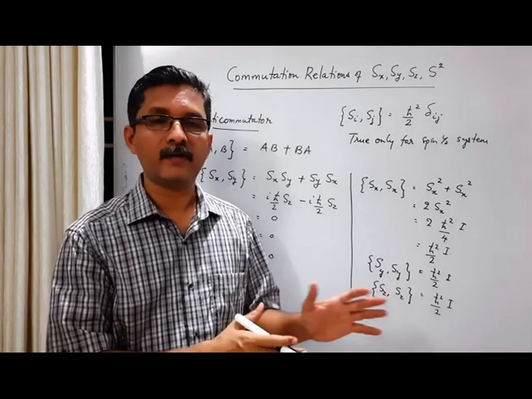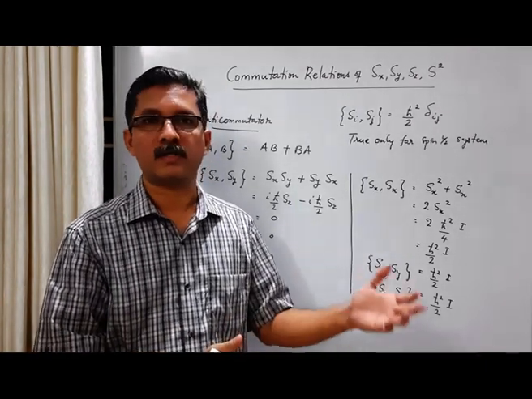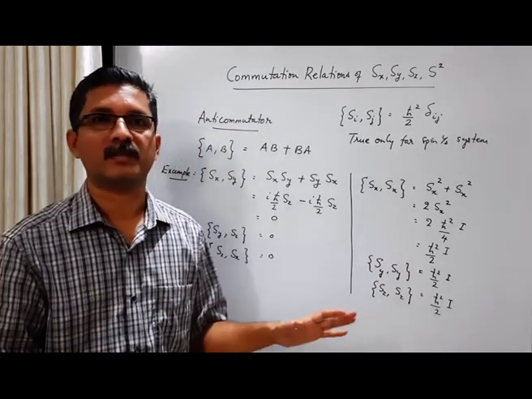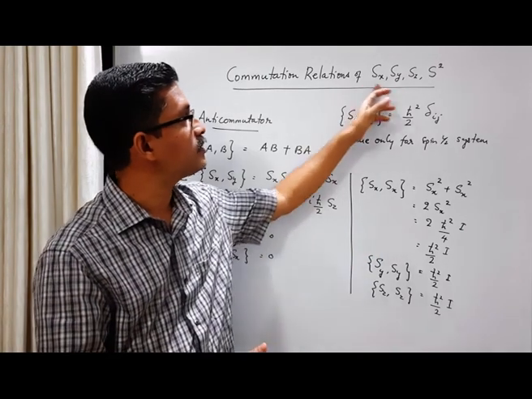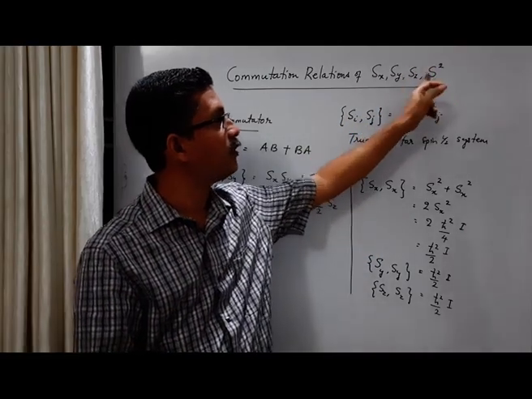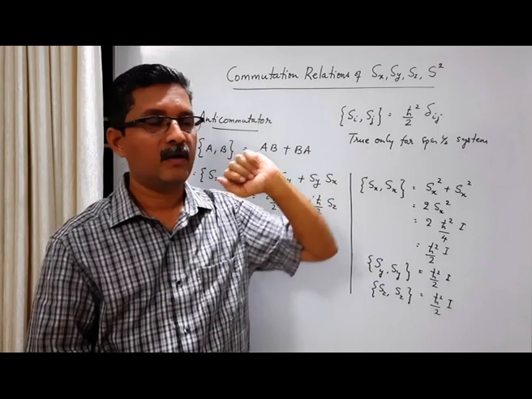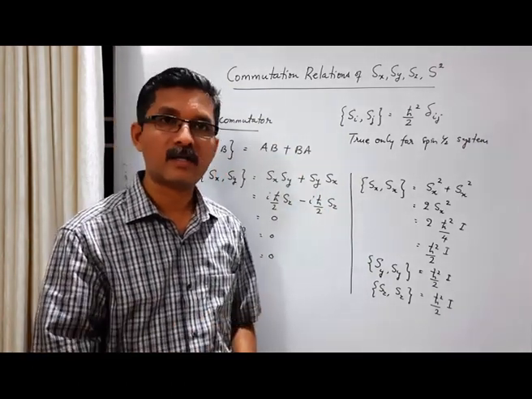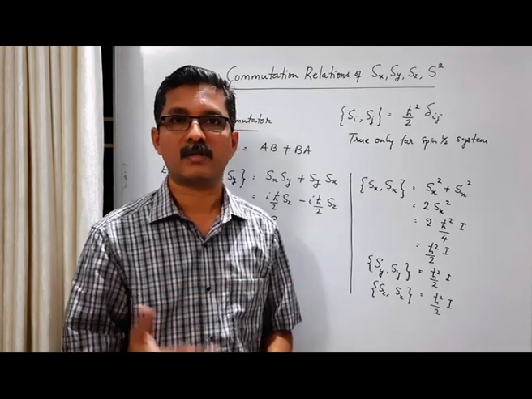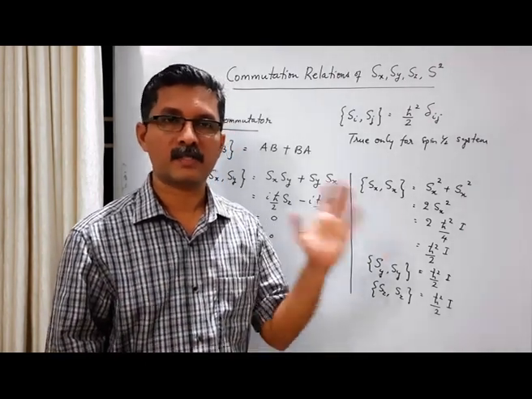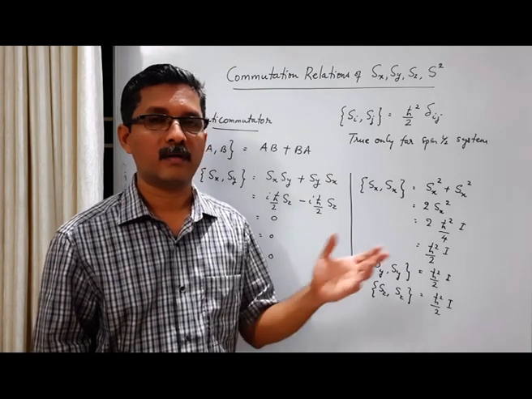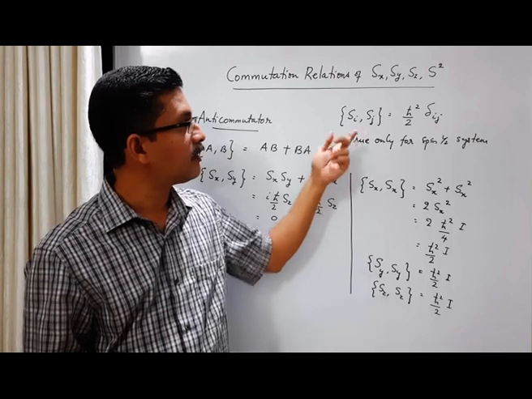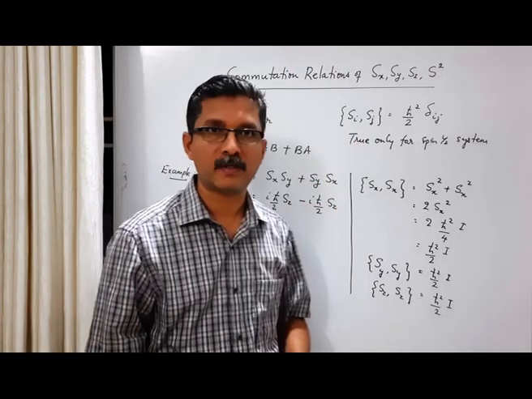So how we define a commutator and what are the properties and identities of a commutator. Then we discussed in detail the commutation relations between different spin components and also between spin component and S square operator. And also we have considered the anti-commutation relation, and importantly commutation relations between spin components are general. They are true for higher spin states and orbital angular momentum operators. Whereas this particular anti-commutation relation is a special case of spin half system.